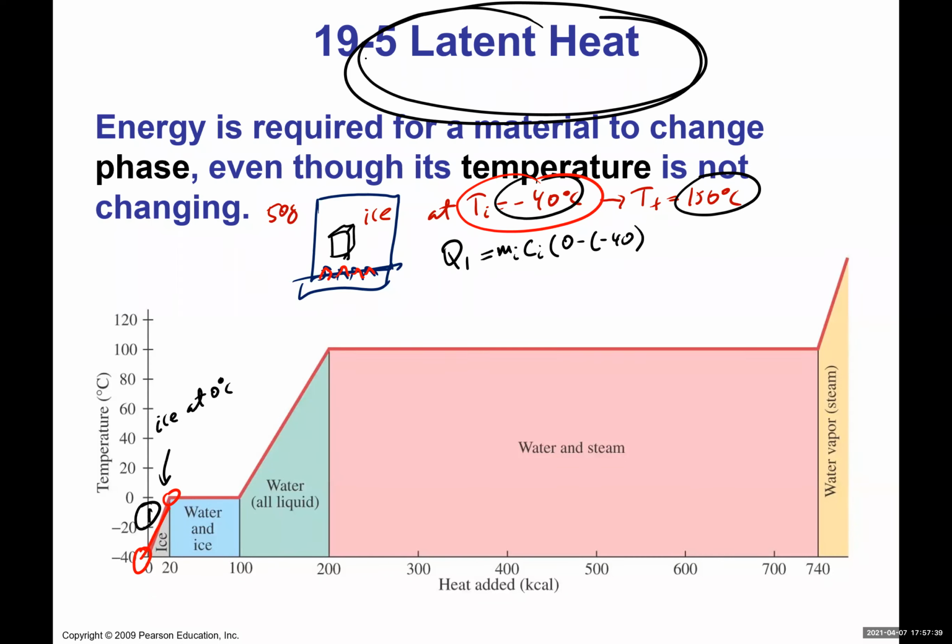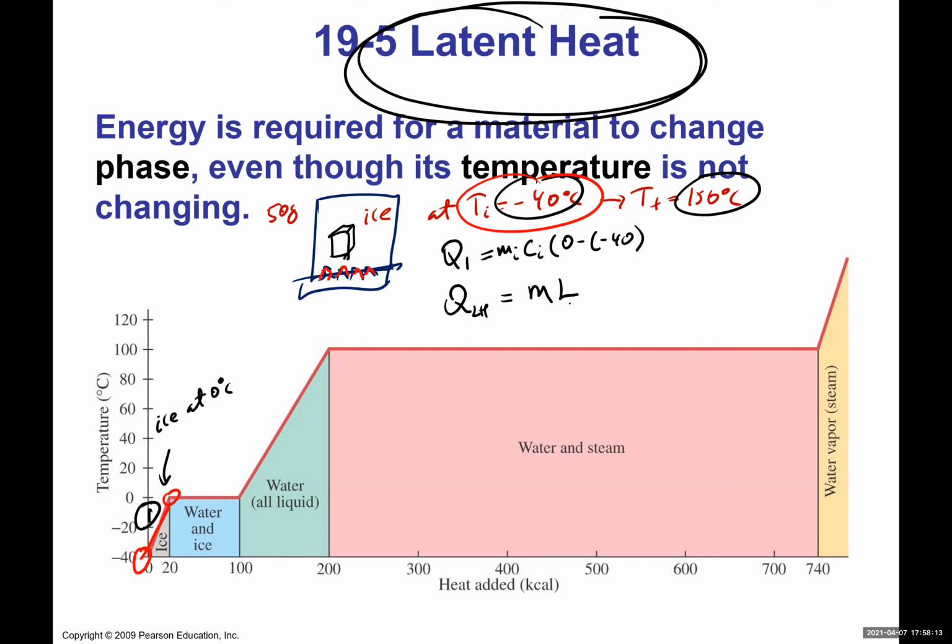So when you change the phase of a substance, the equation for the latent heat is proportional to the mass of the substance. It requires knowing how much substance you have. And the proportionality sign becomes an equal sign with a constant, and that constant is what we call L. L is the latent heat.